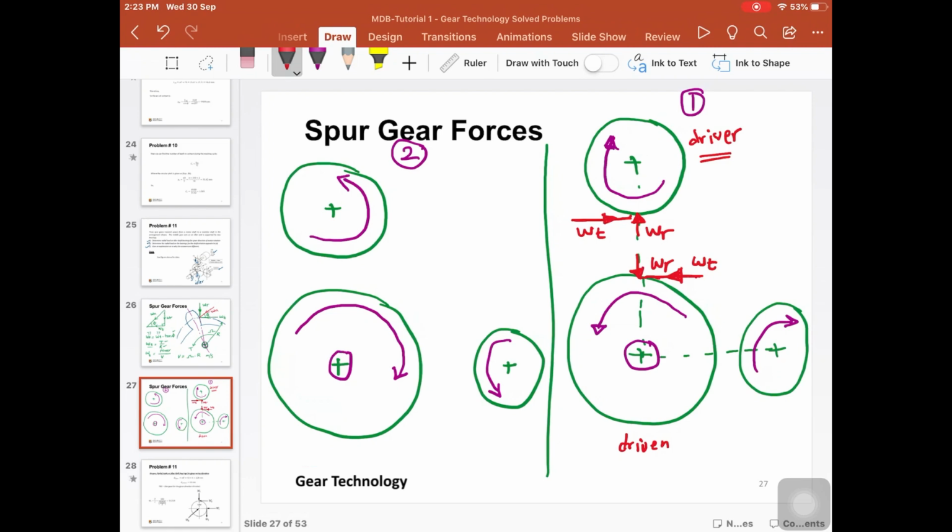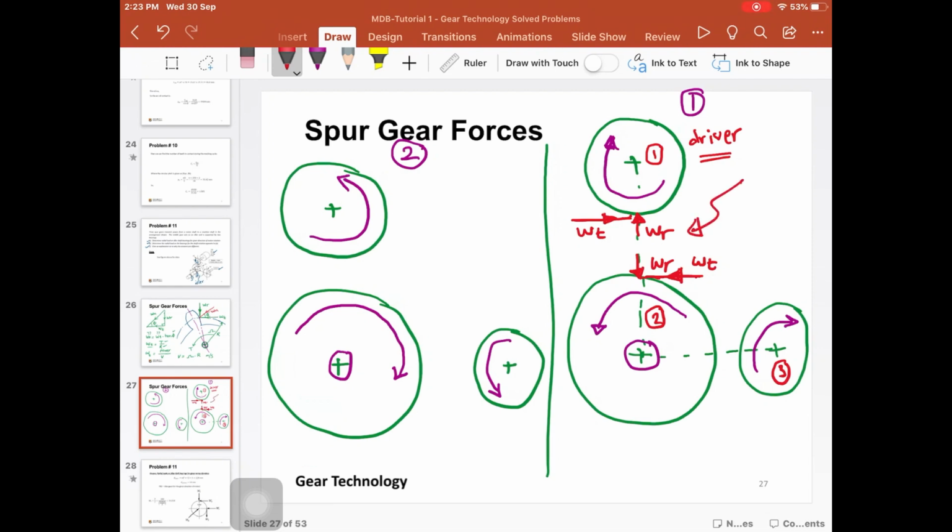Then, let me just number the gears with big numbers: 1, 2, 3. First I've considered 1 and 2.